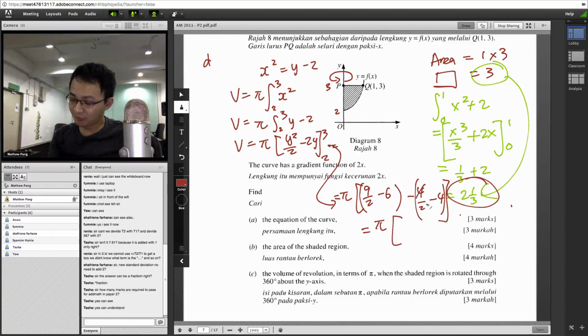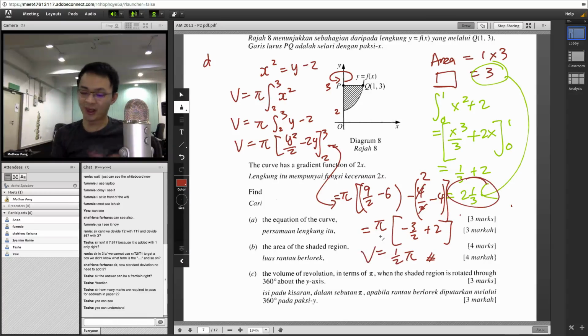So this one, 2 minus 4 is negative 2. So 9 over 2 minus 6 gives negative 3 over 2, and then minus negative 2, so we plus 2. So the answer should be 1 over 2 pi.